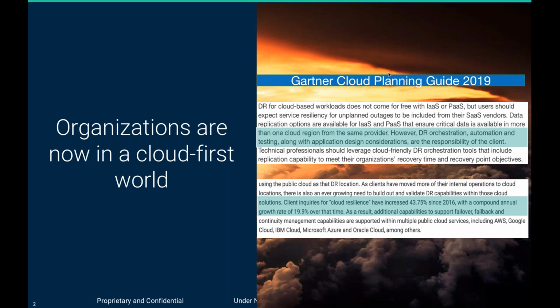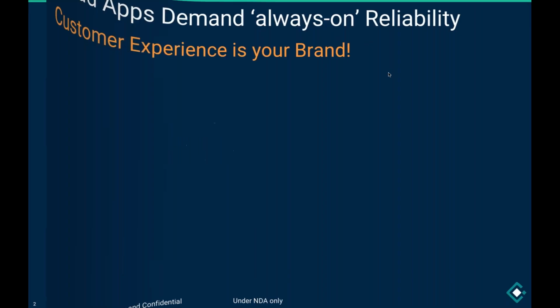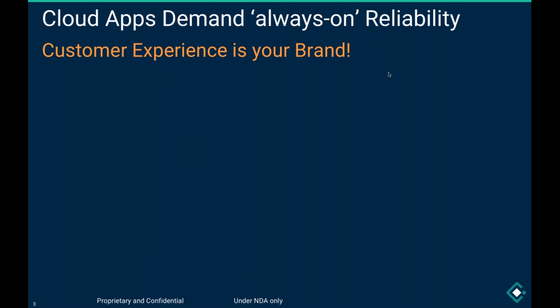So organizations are now realizing that they need to have resilient applications. Of course, the infrastructure is resilient from an infrastructure provider point of view, but the application resiliency has to be brought up. So that is one aspect of it. Yes, got to have for many reasons, even for compliance reasons.